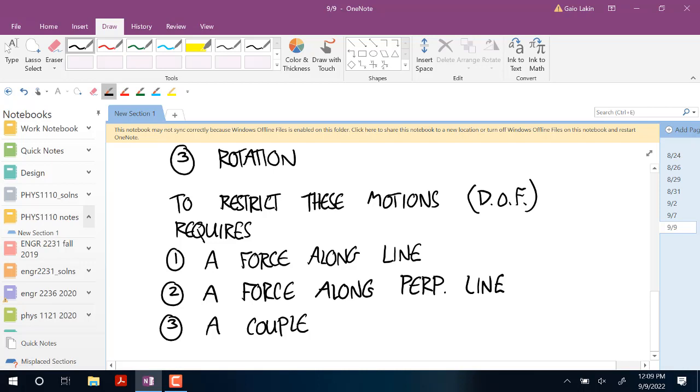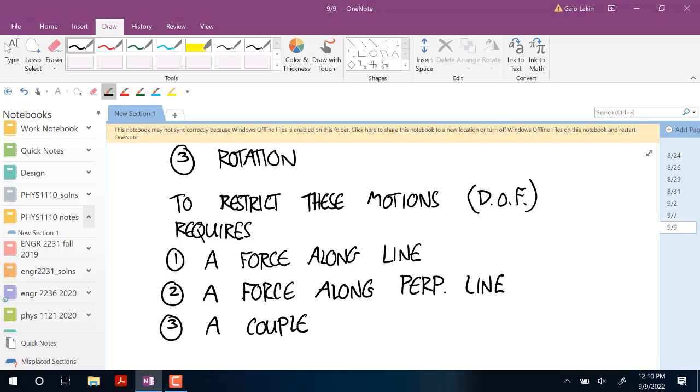These joints just apply different combinations of perpendicular forces, forces in the plane, and couples with an axis perpendicular to the plane. Which one of those they apply is totally determined by whether this joint lets this thing rotate, or lets this thing move in this direction perpendicular to it. If you think about it this way, whether or not you've memorized the rules for that joint, you can always figure out what kind of loads a joint applies.